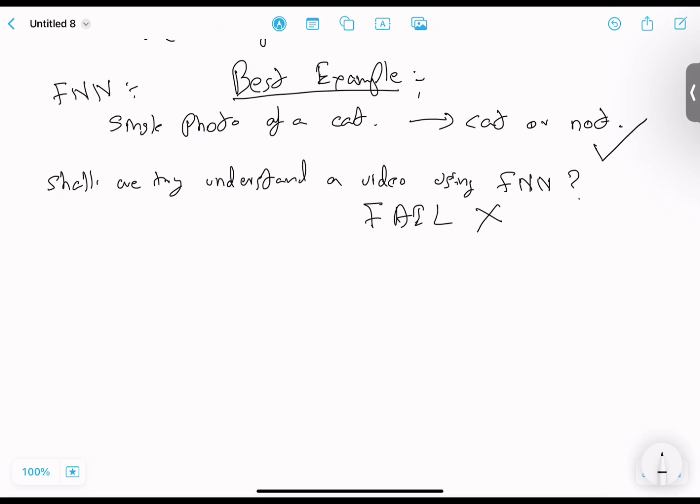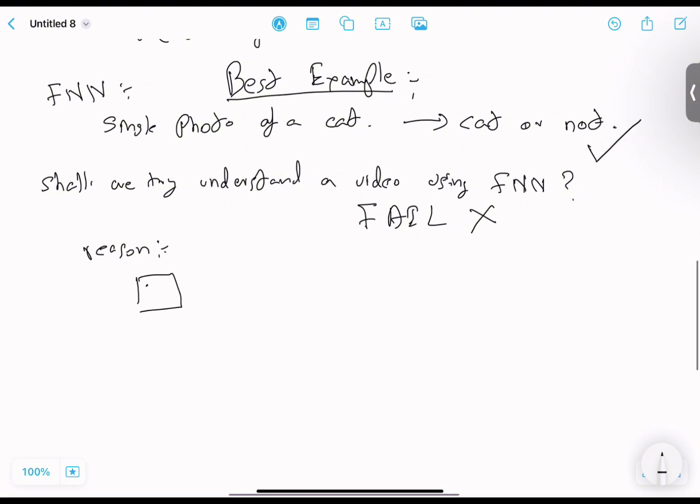The reason is, imagine you want this network to recognize what action is happening in a video clip. This is the video. A person is running, so we want to identify the action in the video.